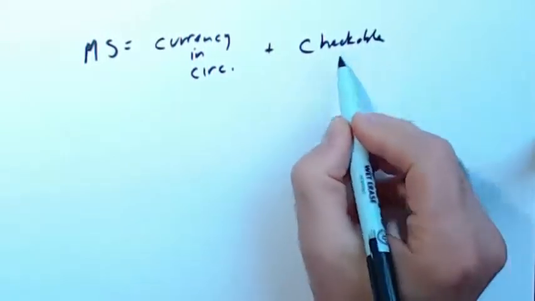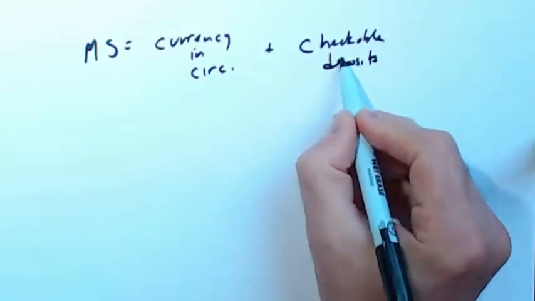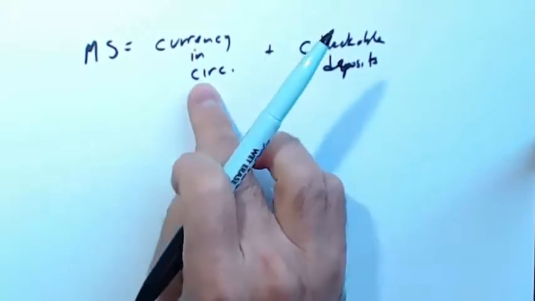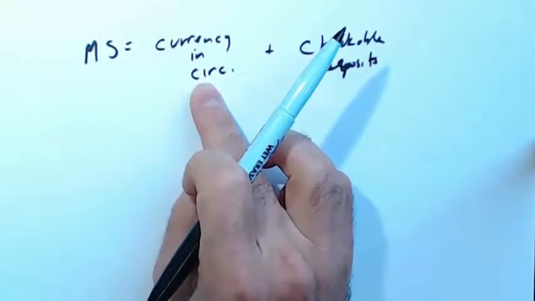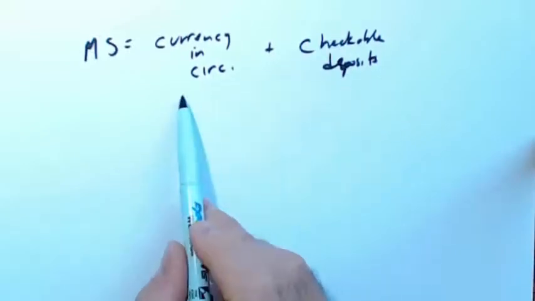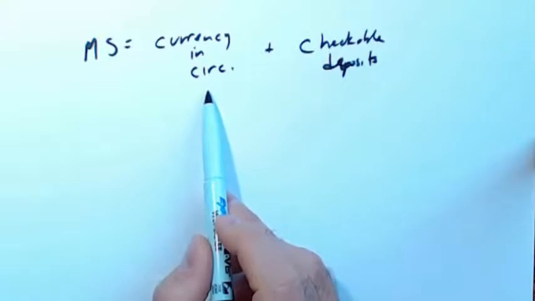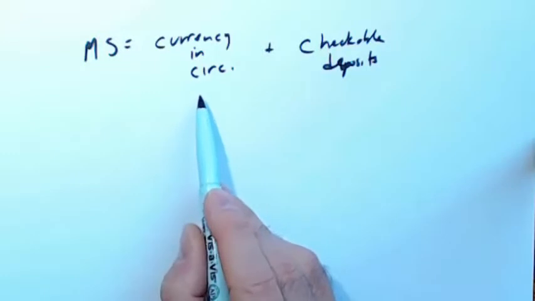Checking accounts, in other words, demand deposits. So the money supply is money, things that you can convert quickly into other assets. And so if you have currency in circulation, that would be money in your pocket, that would be money in cash registers. Okay, so that's certainly money supply.